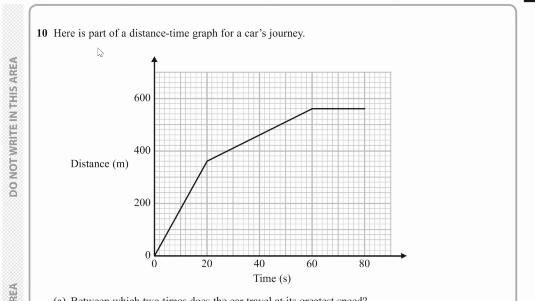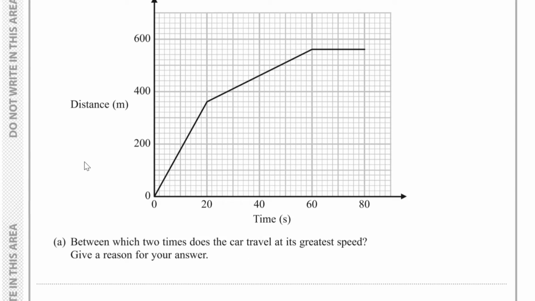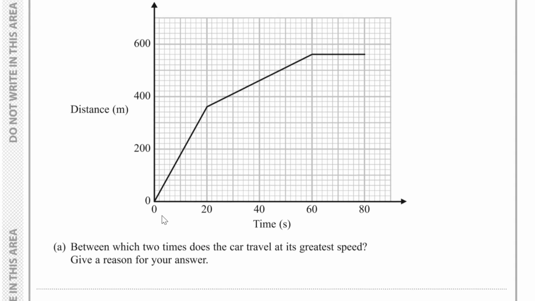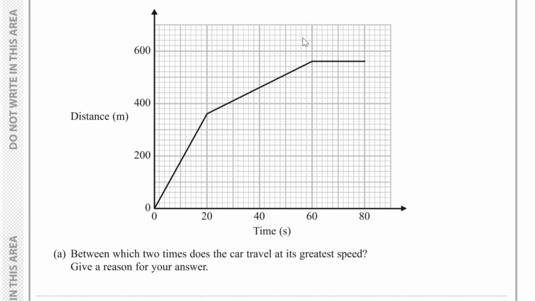Question number 10. Here is part of a distance time graph for a car's journey. So we've got the time and we've got the distance. And for part A, between which 2 times does the car travel at its greatest speed? Give a reason for your answer. Well, first of all, we should know that speed is equal to distance over time.